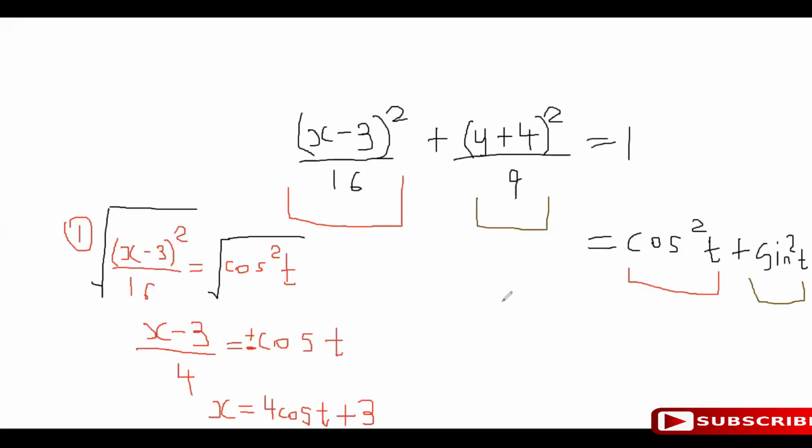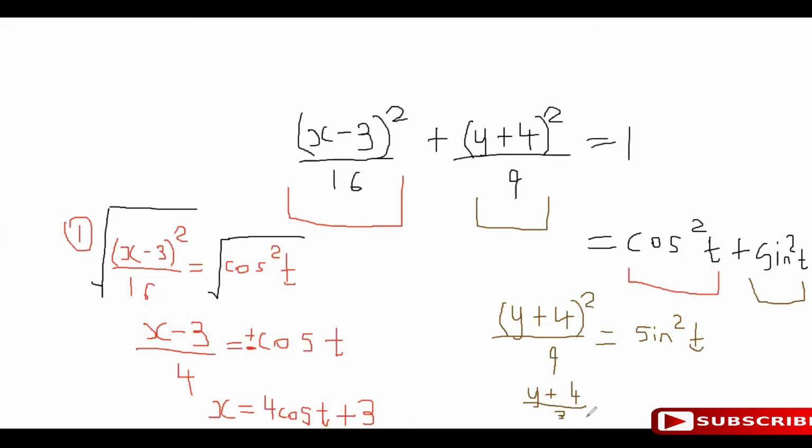All right. Now let's look at sine squared. We have (y plus 4) all squared over 9 is equal to sine squared t. If we square root both sides, when we square root 9 we get 3.